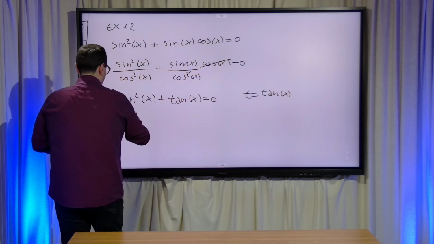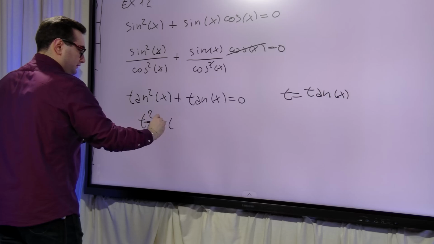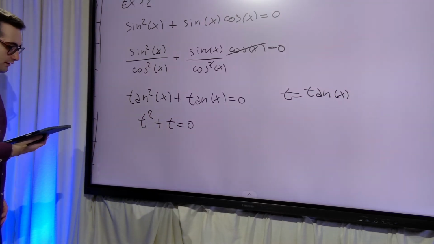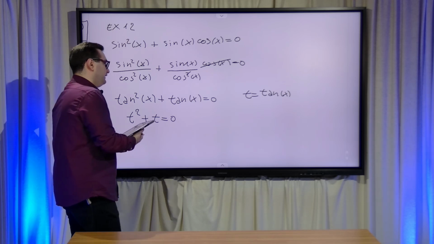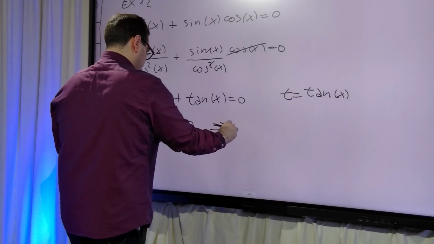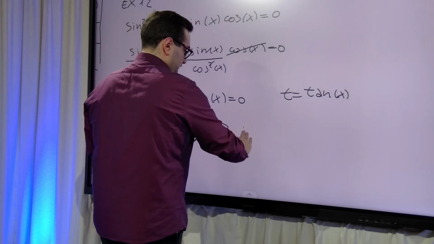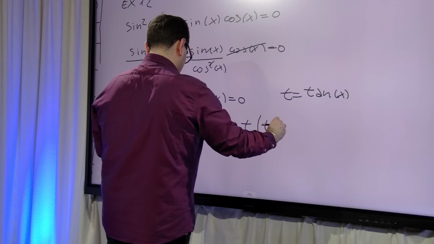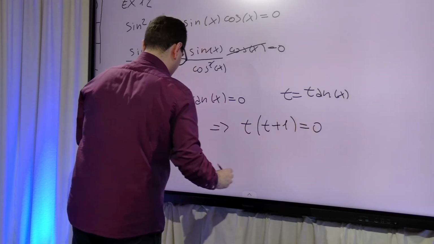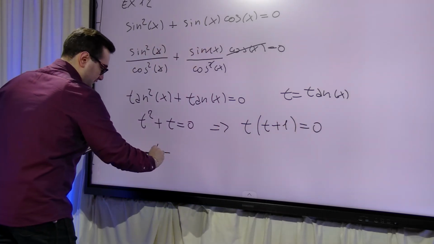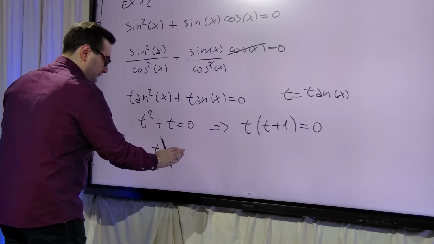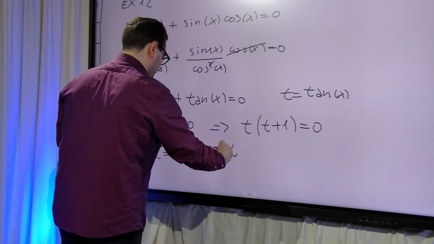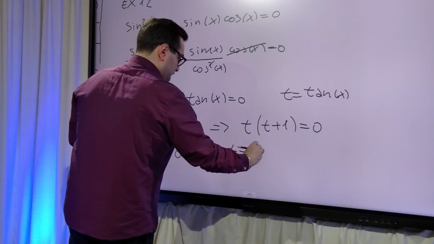So this is again a second order equation, a simple second order equation. And from here I get the two solutions, that is t equals 0. The first one is t equals 0, and the second one is t equals to minus 1.